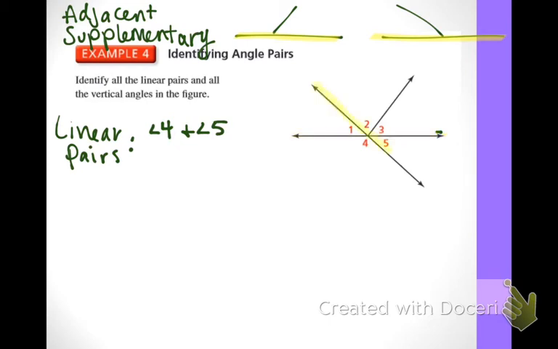There's one more that goes through the center vertex, right? So again, on this side, there's 3 angles, so you're not going to have a linear pair. But on this side, you've got 2 angles. So your other linear pair are angle 1 and angle 4. Angle 1 and angle 4.